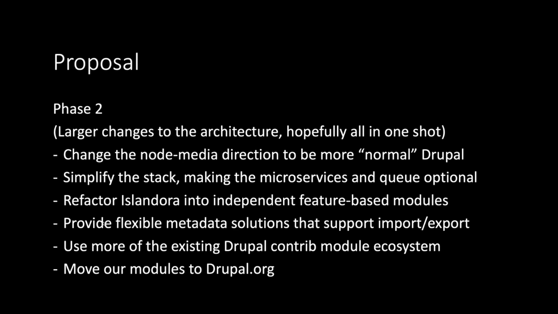Metadata solutions. So there's a little bit in the version 3 proposal that talks about what we'd like to support. The idea is that as a metadata repository person, you probably have different collections or different sections of your repository that have different metadata needs.